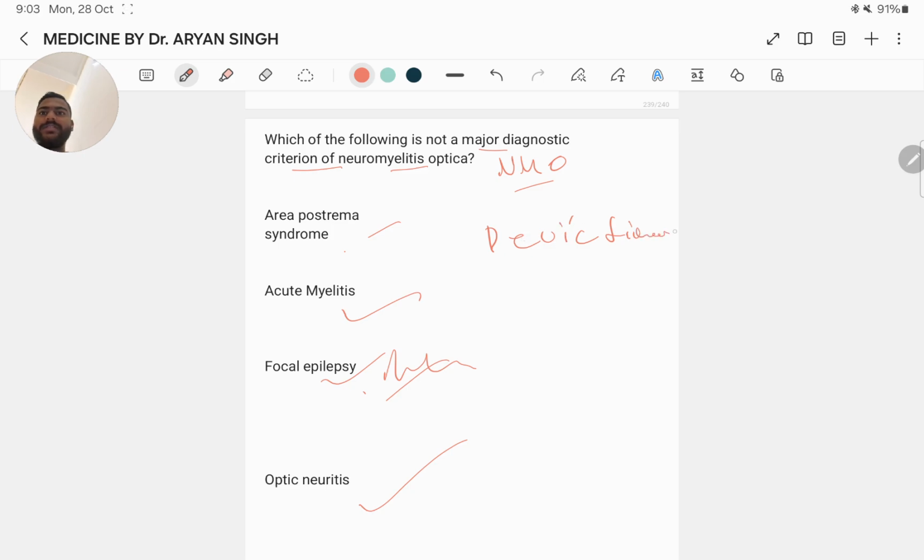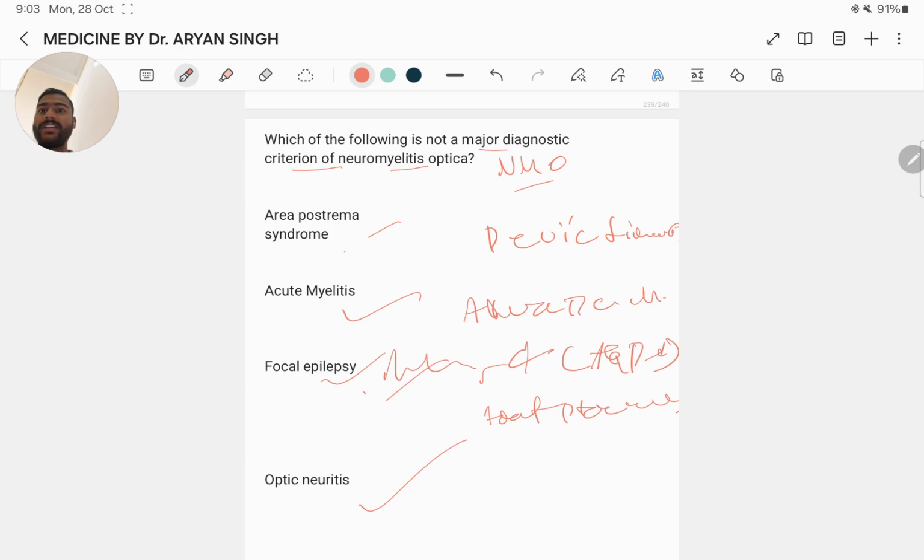Devic's disease is an aggressive inflammatory demyelinating disorder characterized by recurrent attacks of optic neuritis and myelitis. It is associated with a highly specific autoantibody directed against aquaporin 4, AQP4. AQP4 is localized at the foot processes of astrocytes, in close proximity to the endothelial surface.